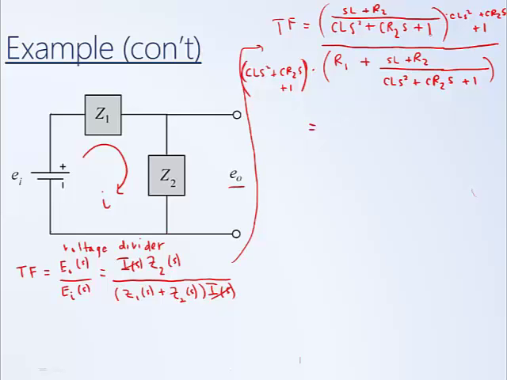If we distribute this through, this denominator will cancel with that expression. We'll be left with SL plus R2 in the numerator.